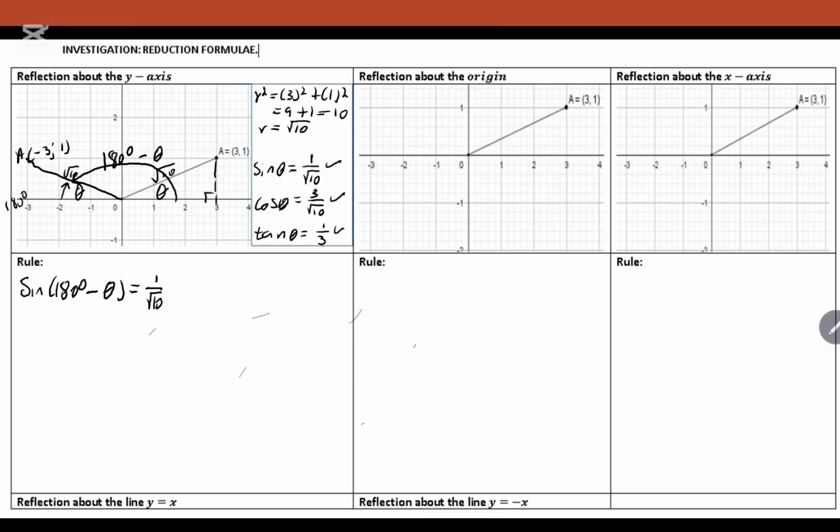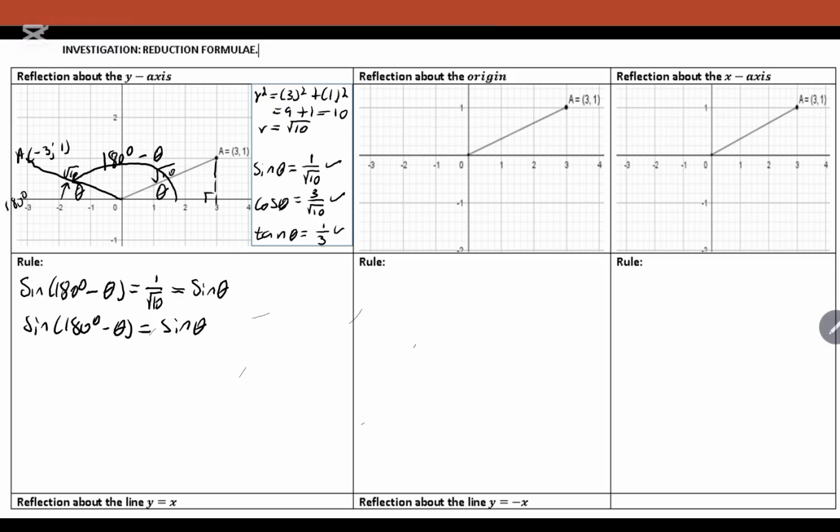But what is 1 over square root of 10? It is equal to sine theta. So our reduction rule is that sine of 180 degrees minus theta is equal to sine theta.